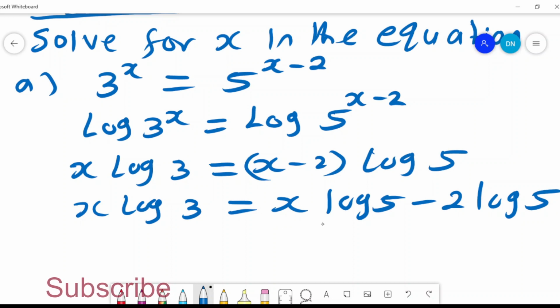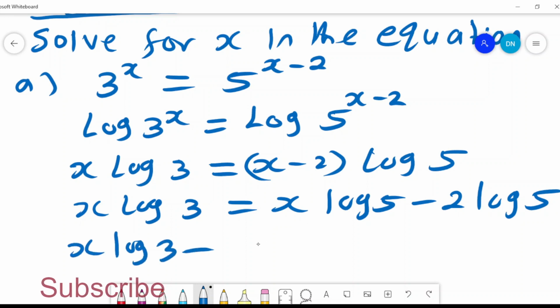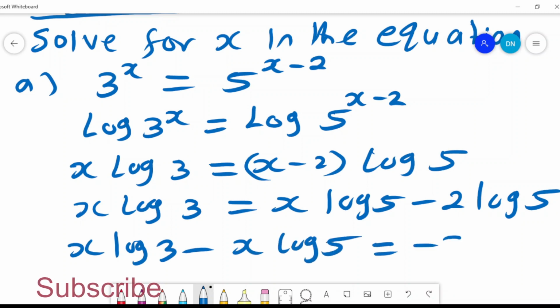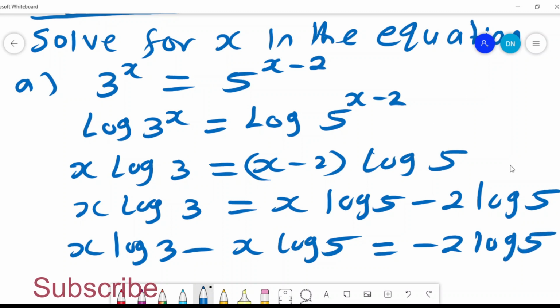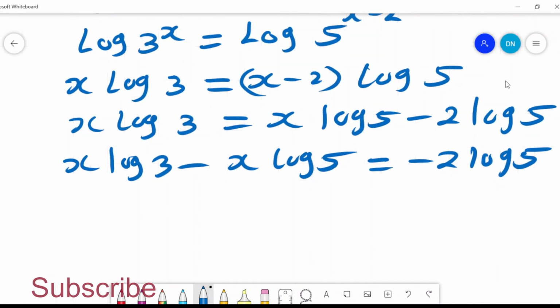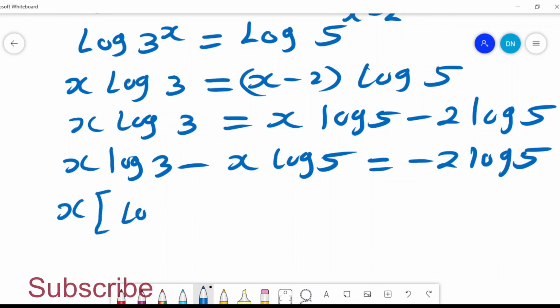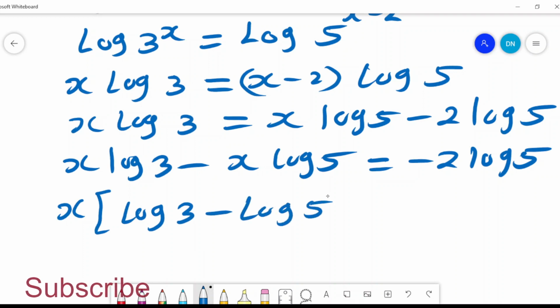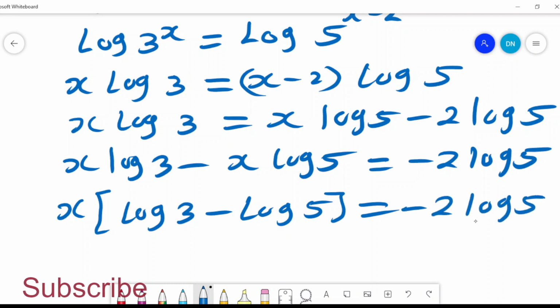The next final step is I could put like terms together. I could have x log of 3 minus x log of 5 is equal to minus 2 log of 5. That takes me to a very nice level whereby I can find what is common, and we have that x is common between the log 3 and the log 5, and that gives me minus 2 log of 5.